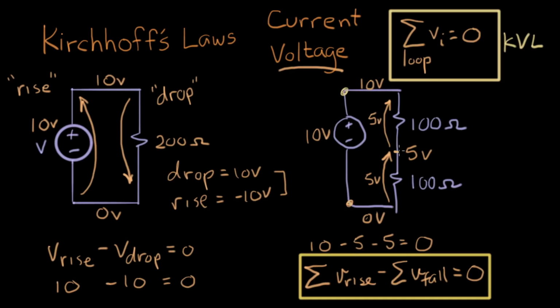Plus 5 rise, and this is a 10 volt drop. So it works whichever way you go around the loop, and it works for whatever node you start at. That's the essence of Kirchhoff's voltage law. We're going to pair this with Kirchhoff's current law, and with those two, that's our tools for doing circuit analysis.